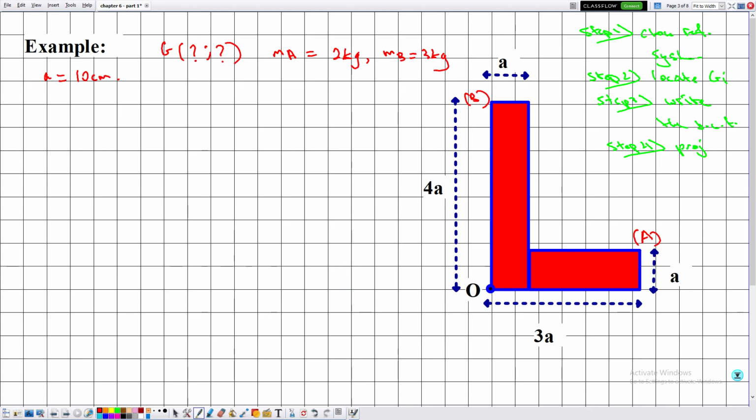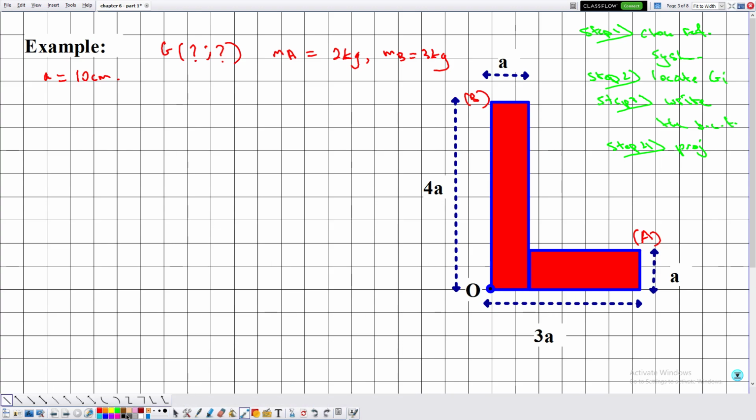Now let's choose the coordinate system. If this point is set to be the origin, let's choose that this is the x-axis, like this, and this is the y-axis.